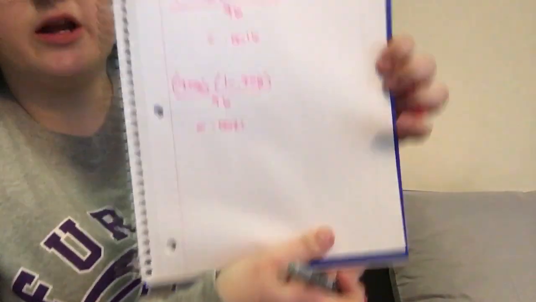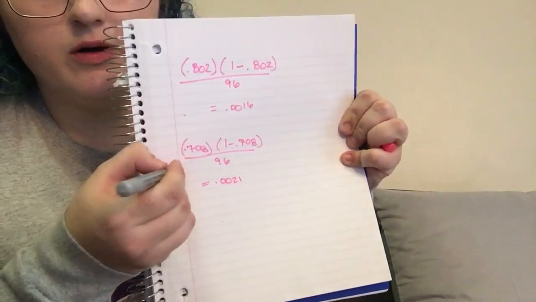And then I'm going to add these two numbers together and then take the square root. So once I added them together, it was 0.0037, and the square root of that equals 0.0608. And that's not a huge difference, so it seems like there's not a big difference between them.